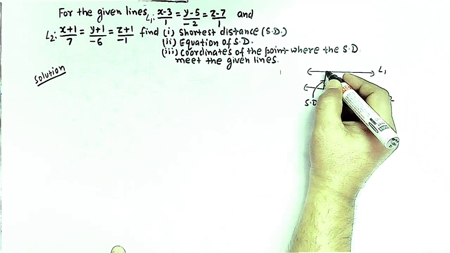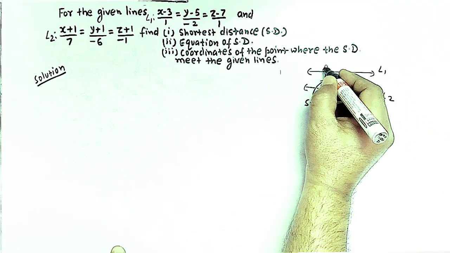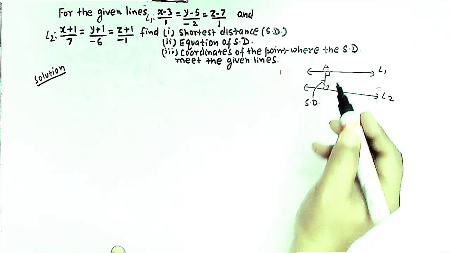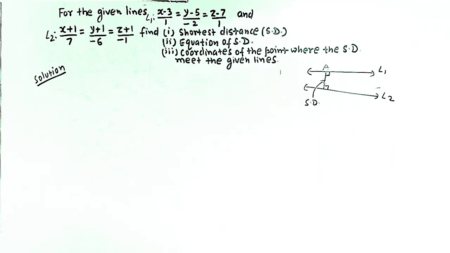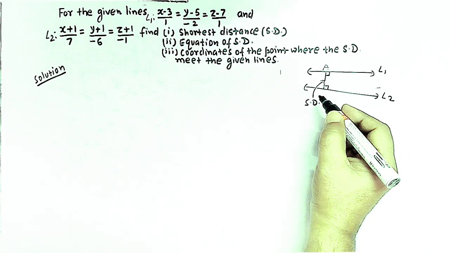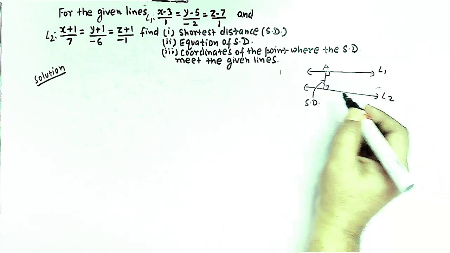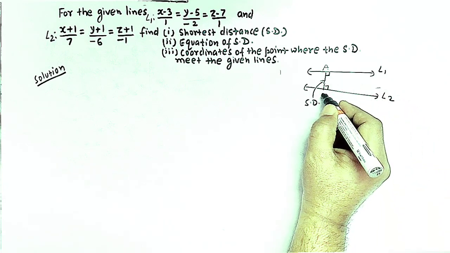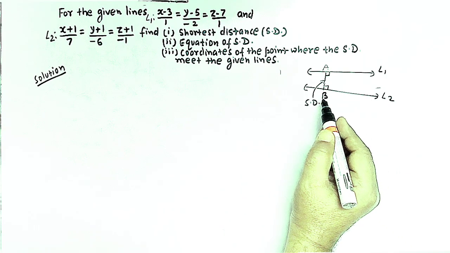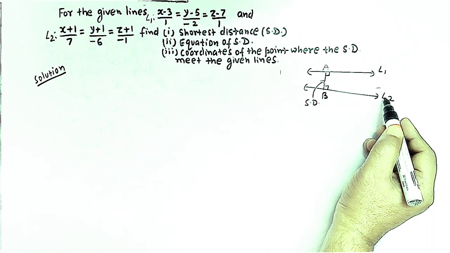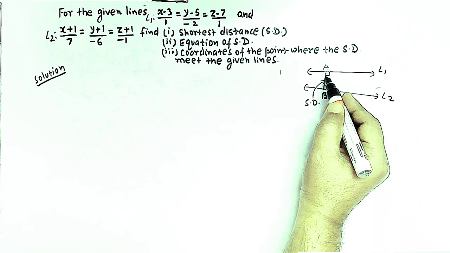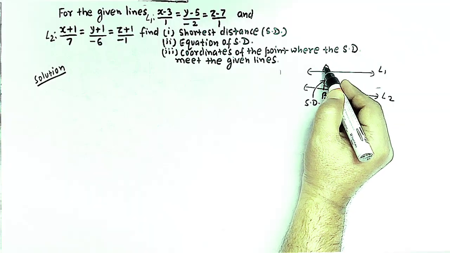And let us take this point as a point A, which is the point of intersection of the line L1 with this line of shortest distance, and let us take this point as point B, which is the point of intersection of the line L2 with this line of shortest distance.